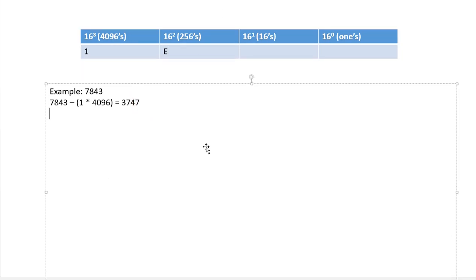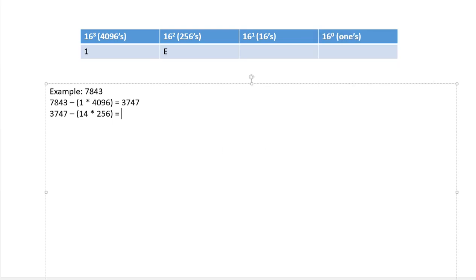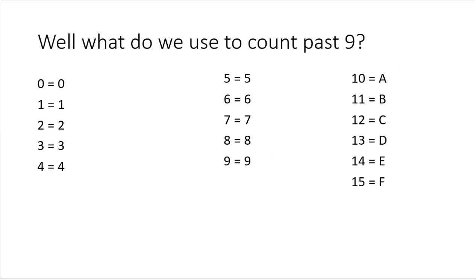Then what we need to do is 3747 minus 14 times 256. So E represents 14, because remember, that's what we showed inside of here, that's the symbol we use to represent that.